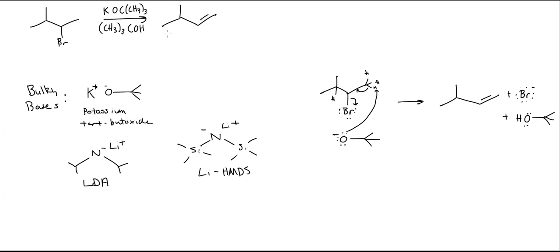So I formed this as the major product. So this is major, even though it's the Hofmann product. And then I do get the other one. I do get the Zaitsev product, but it's minor. So this is minor, but it is the Zaitsev product.